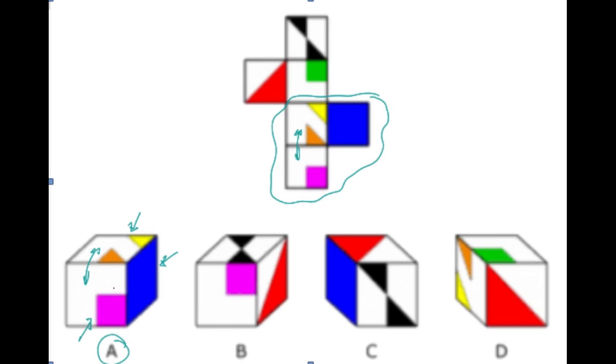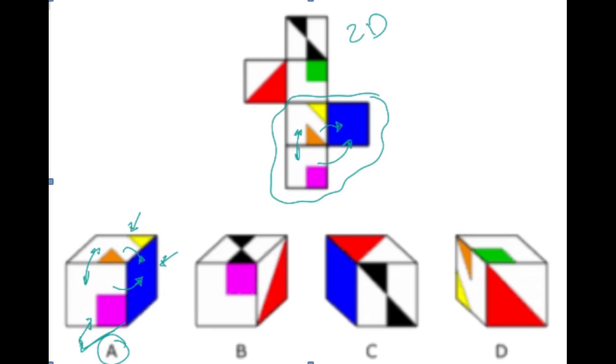And if we have this side with this side, we will see that the blue is at the right of the fuchsia, and yes, the blue is at the right of the fuchsia, and the blue here is at the right of the 2 triangles, and it is the same here. So this one can make us this 2D one.